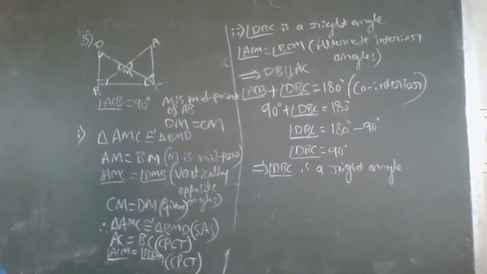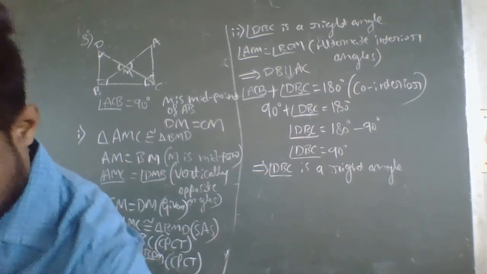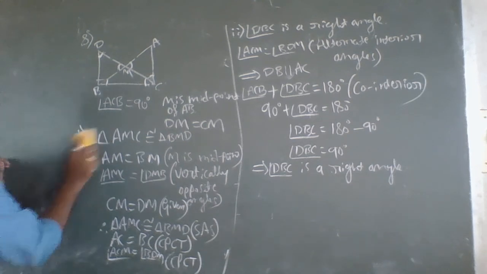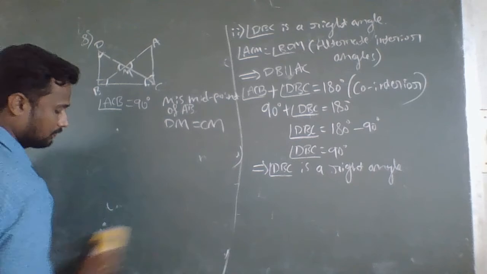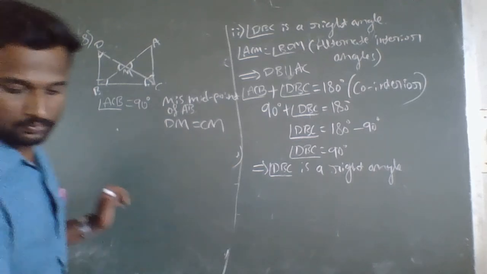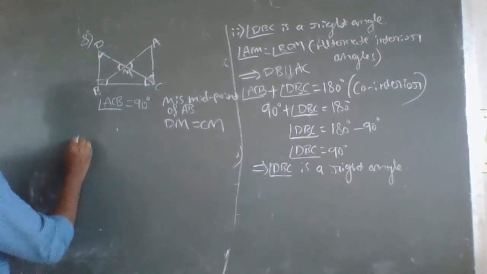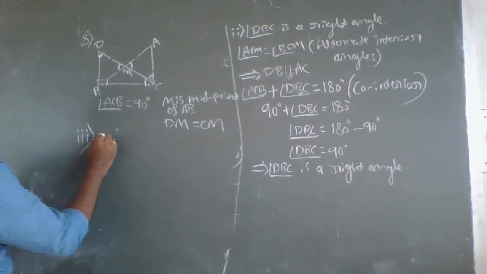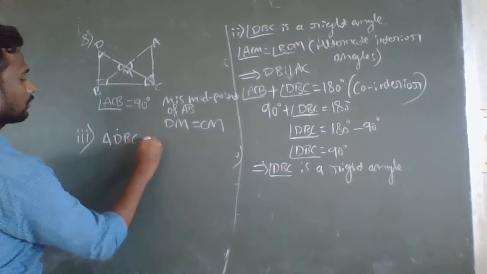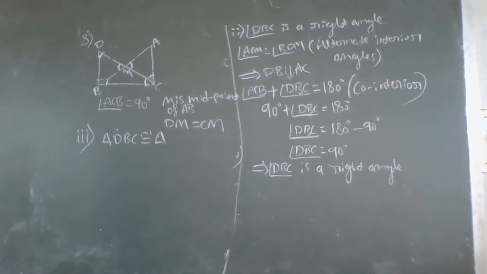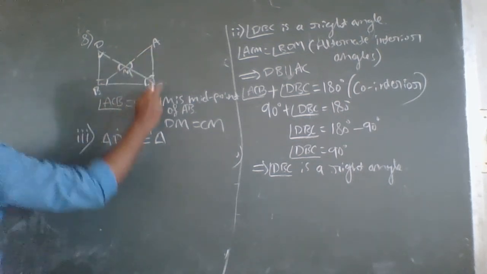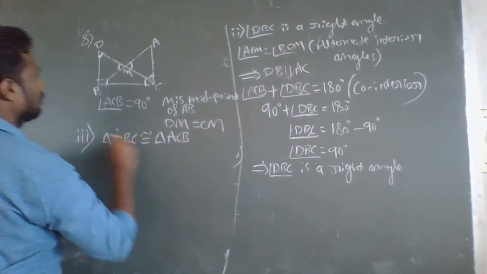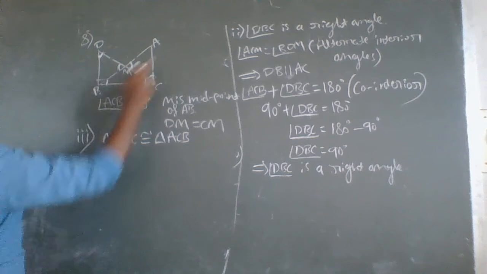So this is the second one. Next, in the third one, what they are asking, here I will write triangle DBC is congruent to triangle ACB.